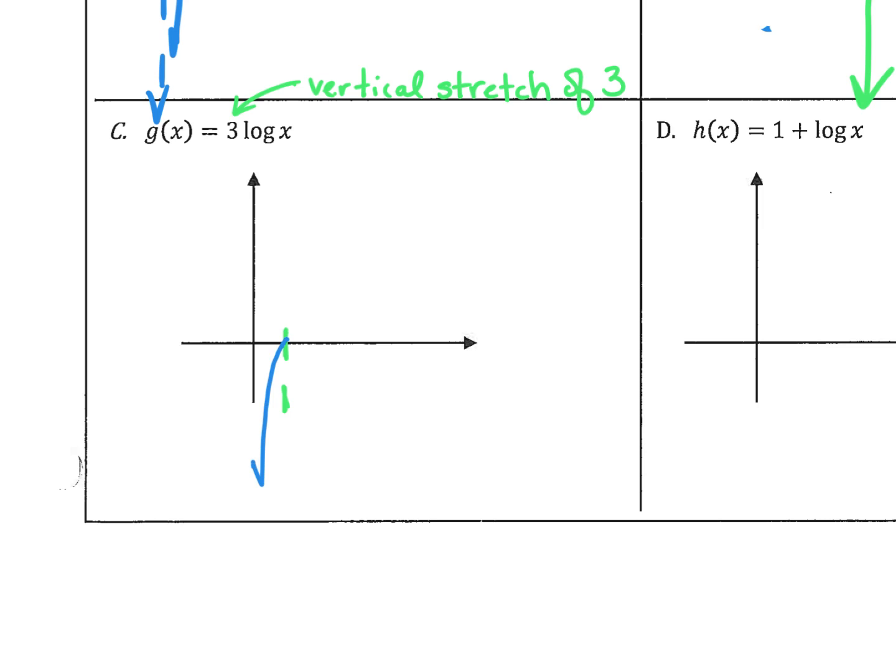But it's going to grow what? 3 times faster, isn't it? So instead of going over just a little bit, it's going to go up faster, isn't it? So it's going to grow up faster, much faster. So it's going to look like that, isn't it? Where's the vertical asymptote going to be for this one?